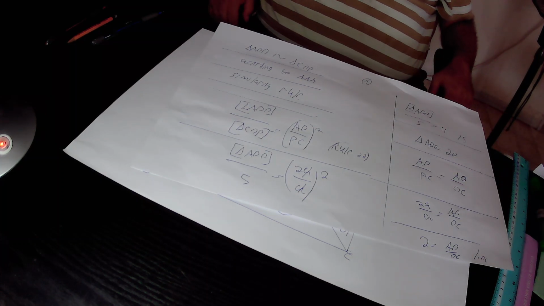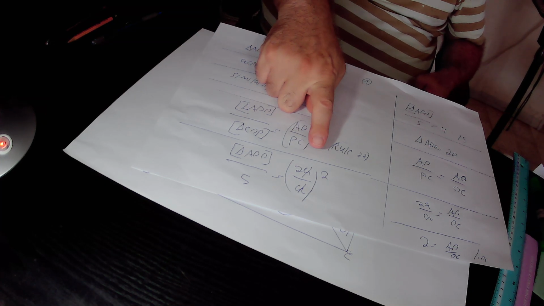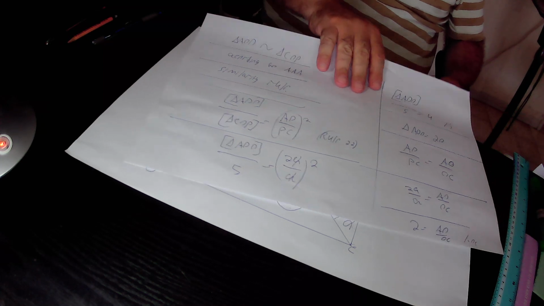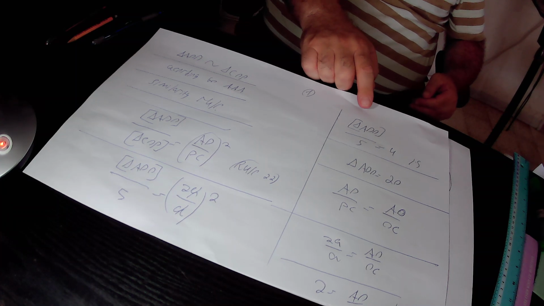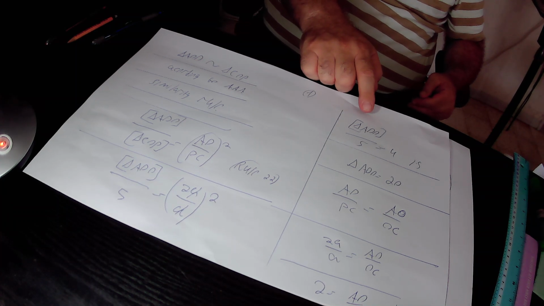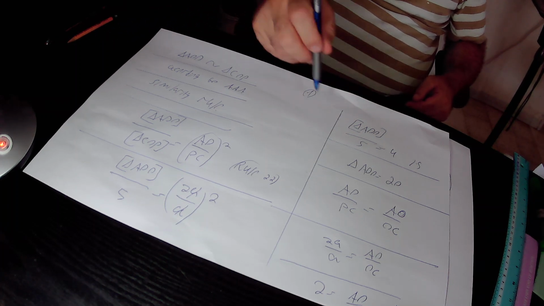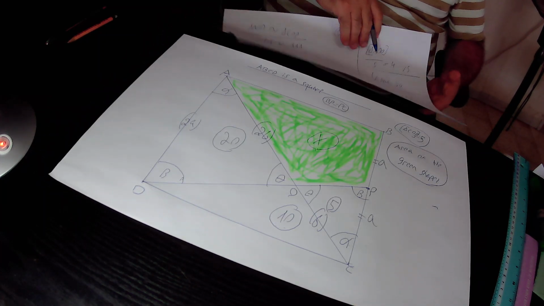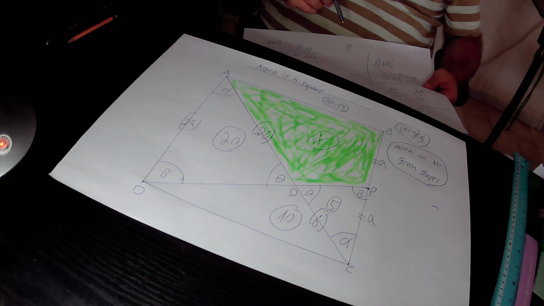So the area of triangle ADO over 5 equals 2A over A squared. A over A is 1, so A gets cancelled, and we're left only with 2 squared, which is of course 4. We multiply the equation by 5 and find that 5 times 4 is 20. So the area of the big triangle ADO is equal to 20 square units. I repeat again, the area of this big triangle AOD is equal to 20 square units.